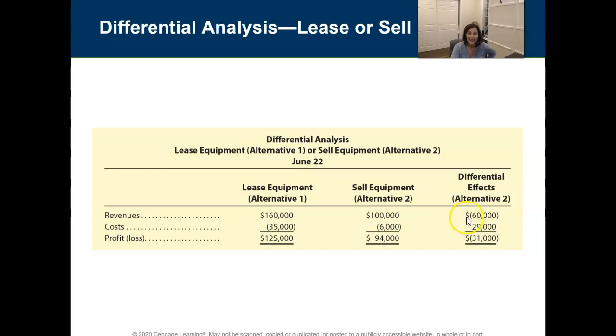So in the end, our differential impact of selling the equipment, if we choose option 2 to sell it, is that we lose $31,000 as a result. So we are better off to lease the equipment, despite the added costs associated with doing that.